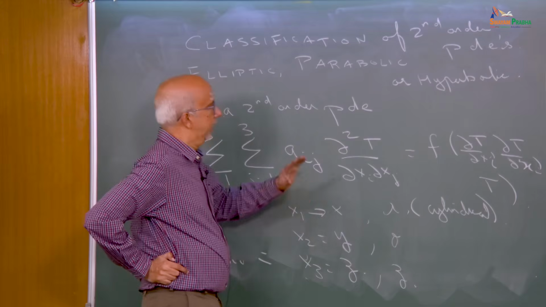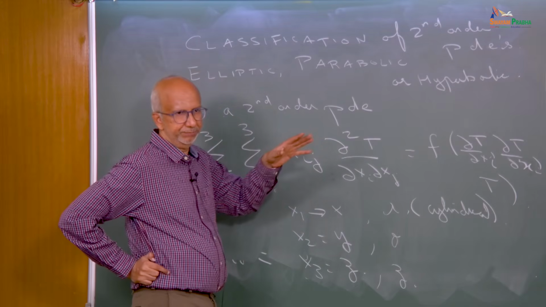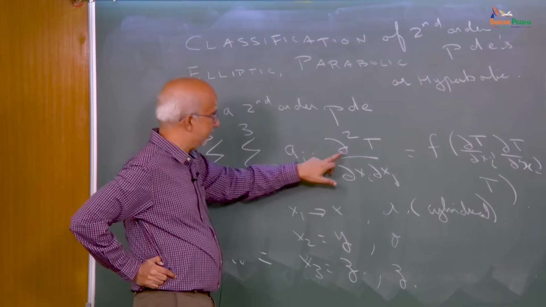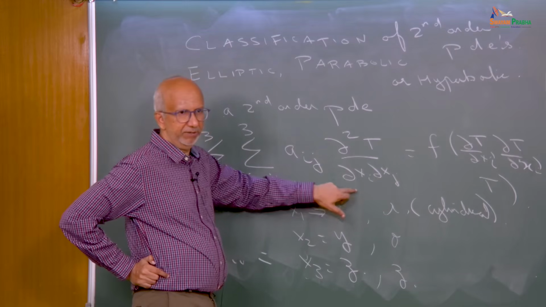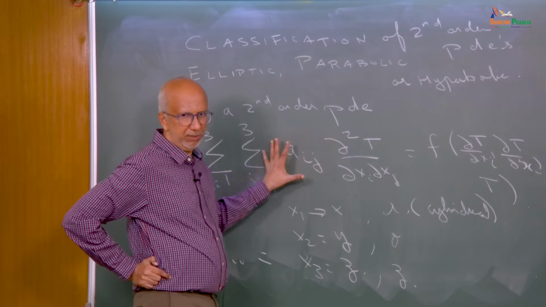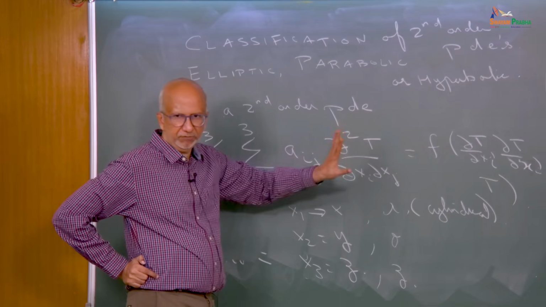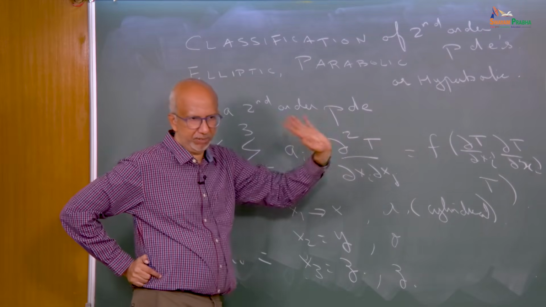So, what have I done? Given a differential equation which is second order, all the second order terms, the mixed derivative, the non mixed derivative, I am keeping on the left, and all the first order, all the lower derivatives I am keeping on the right.